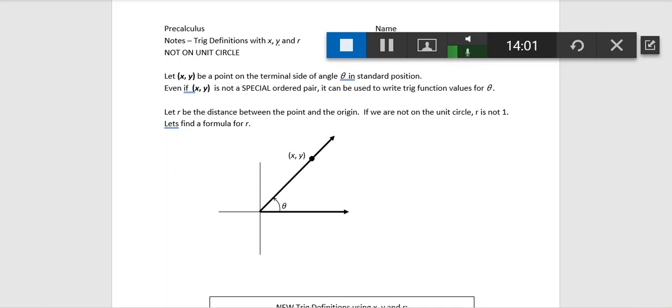So if I give you this and I say, okay, find these guys, just go with the understanding, okay, I need to figure out R. And if for some weird case this happened to be the special one, you would get that R is 1. And so you would end up answering these the exact same way by putting y over r, x over r, and so on. Okay?